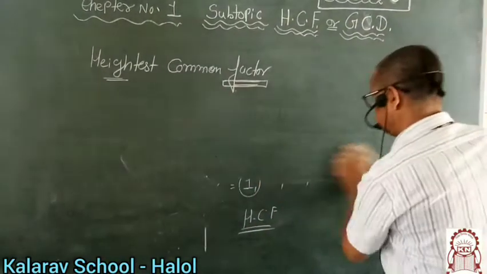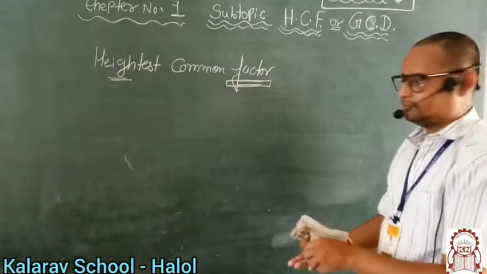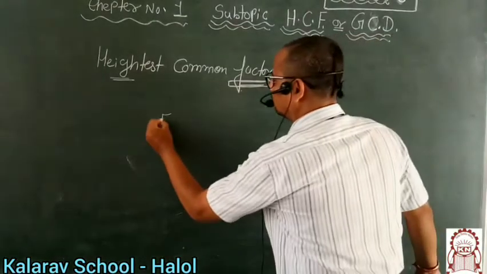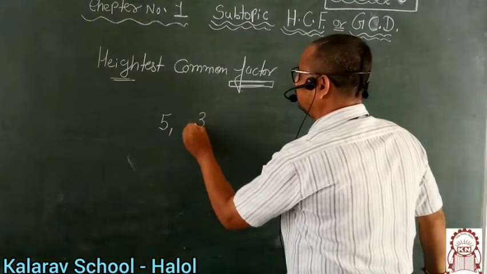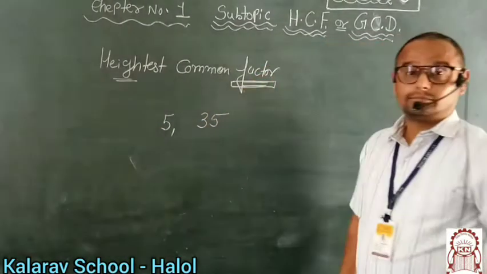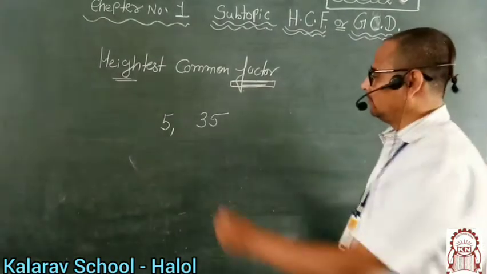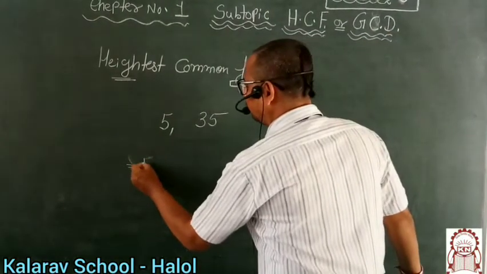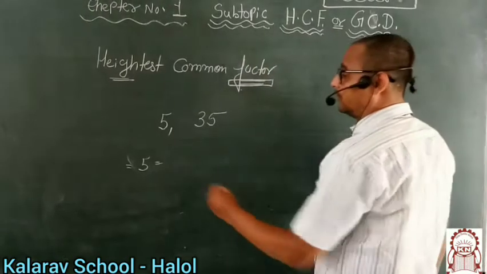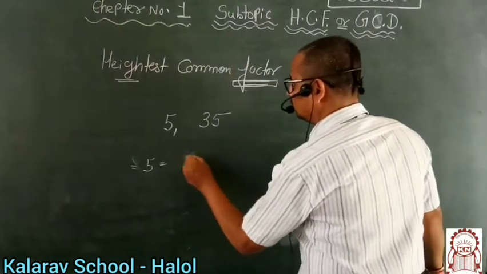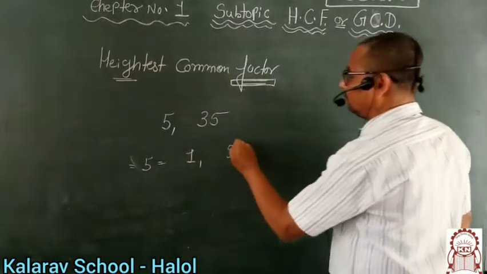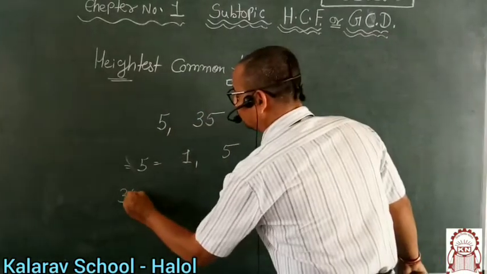Now see. 5 and 35. If you write the factors of 5, sorry, 1 and 5, and you write the factors of 35.